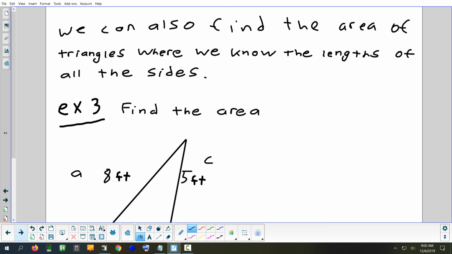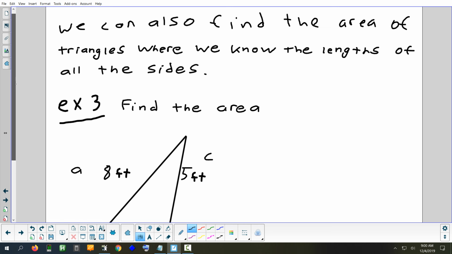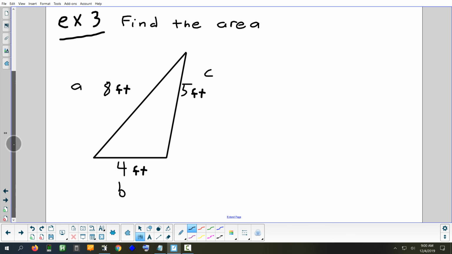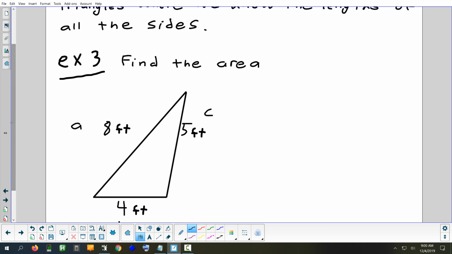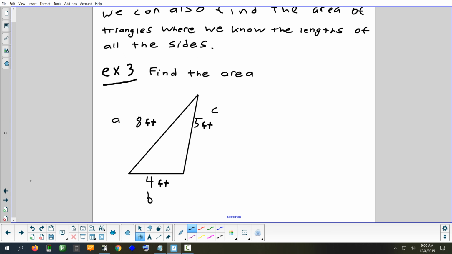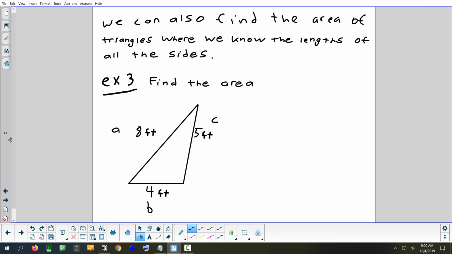Okay. Let's look at this one. So we're going to use the same formula again. But what's different? There's no angle. Well, that's a problem. Okay? In order to use that formula I gave you, you only got two options.